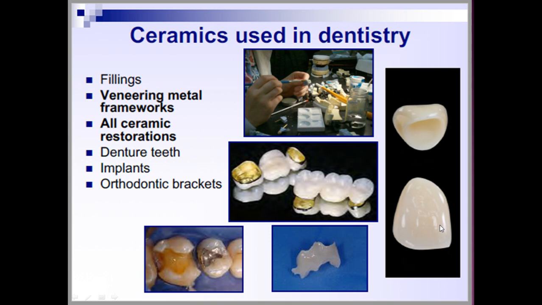Post and core is needed whenever tooth structure is lost, at least three-fourths of the crown portion of a tooth, because of fractures or caries, any of these damaging things which completely destroy the tooth form.